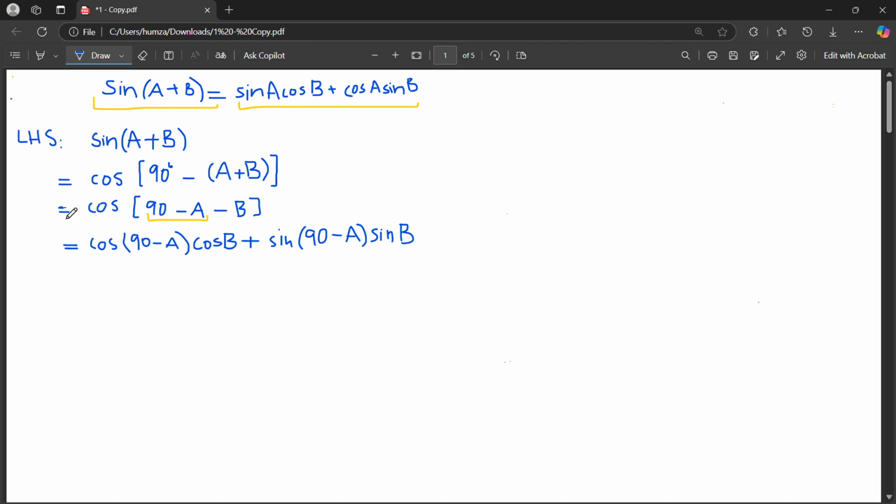Now we are going to simplify this. After we group, we got this, right? Now we are going to simplify this compound angle.